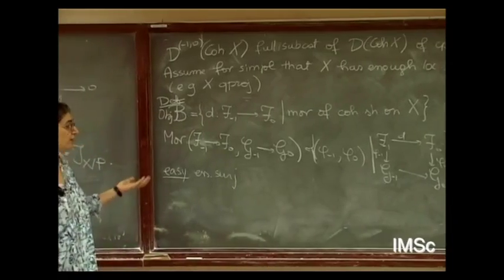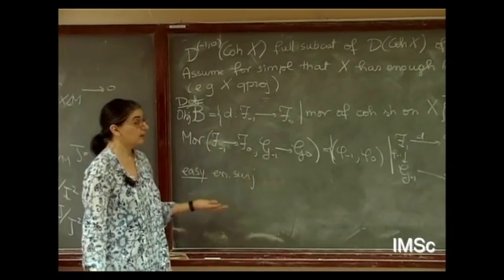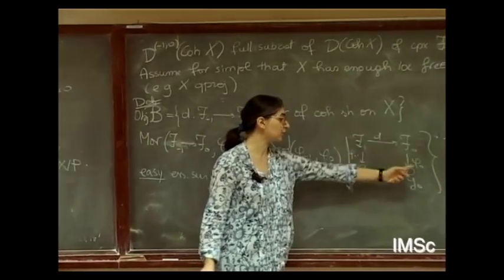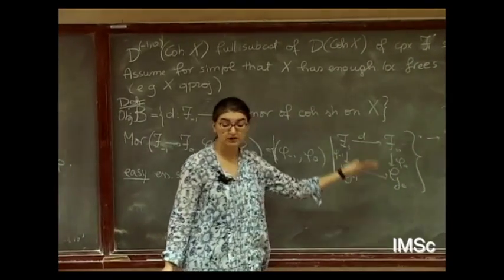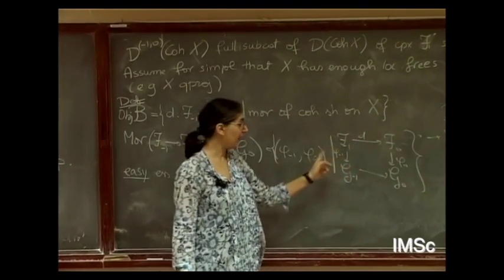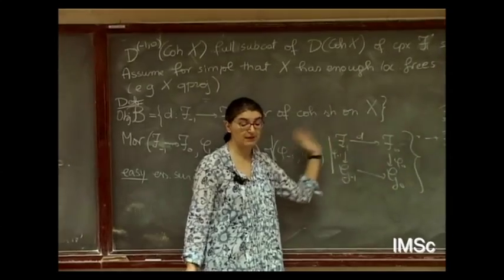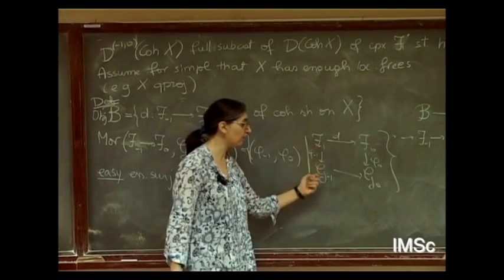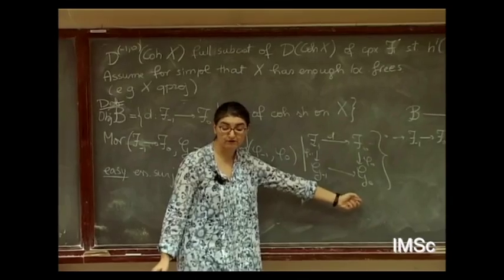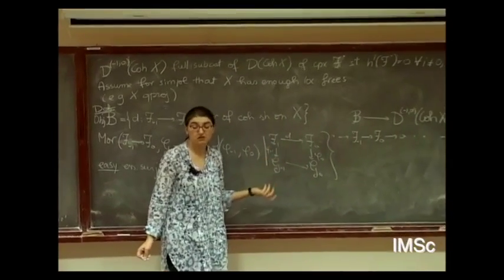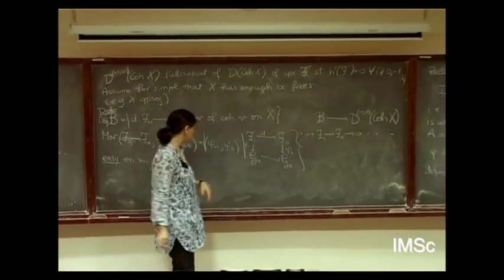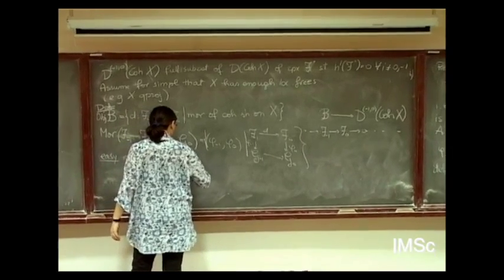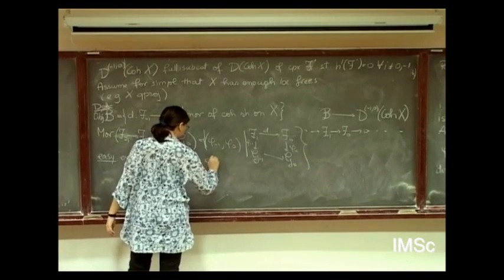But of course it's not an equivalence, because in general, even if I have such a phi, it is not a priori such that it induces a quasi-isomorphism, which means it induces an isomorphism on the kernel and an isomorphism on the cokernel. It is not an isomorphism. So this is essentially surjective, but not an equivalence.